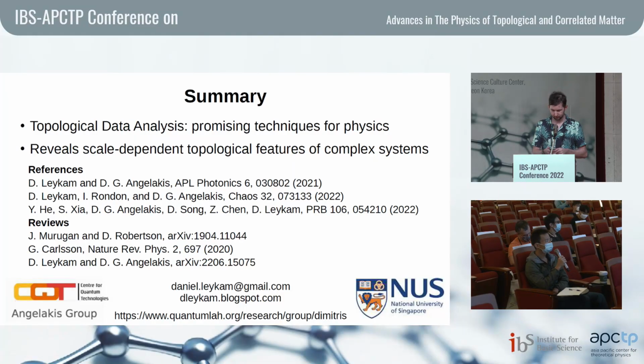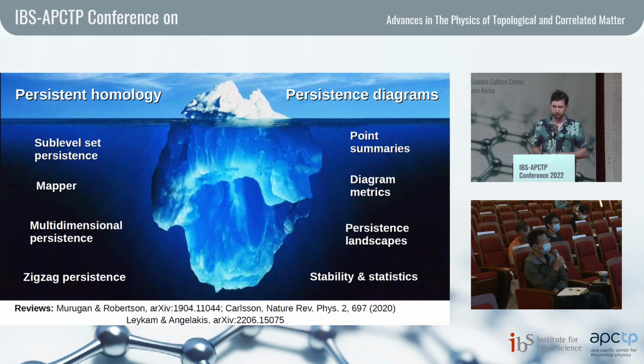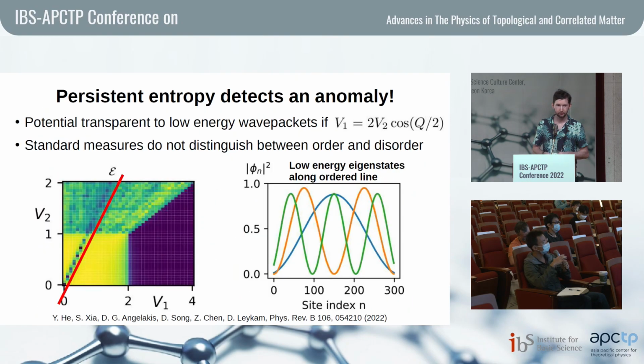So I'm trying to understand this Aubry-André line. Can I think of it, if I have this quasi-periodic potential, but I just look at the low energy part of my quasi-periodic potential, and it actually looks translation invariant?